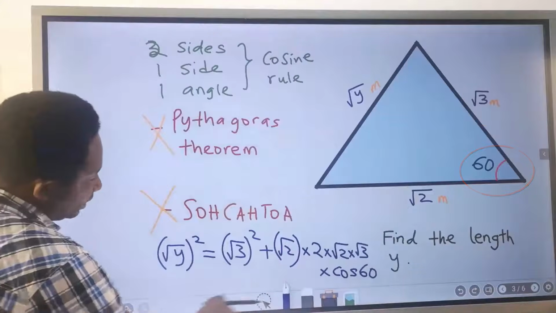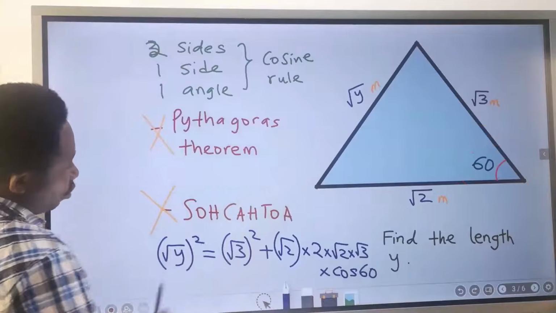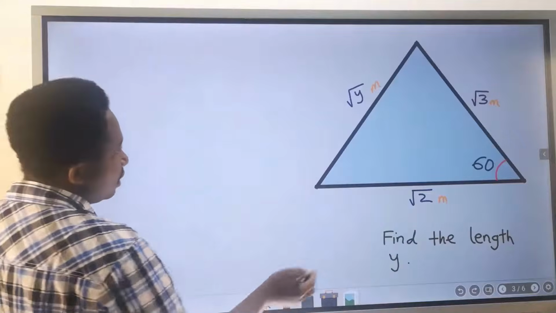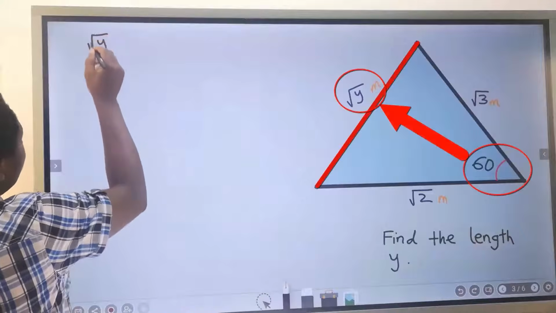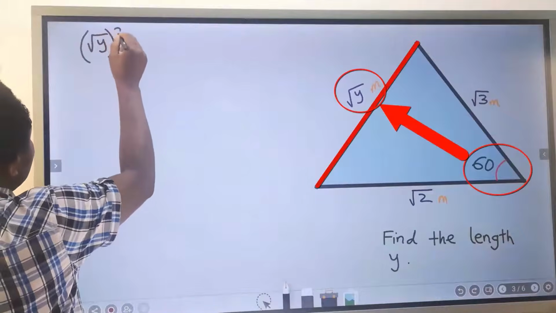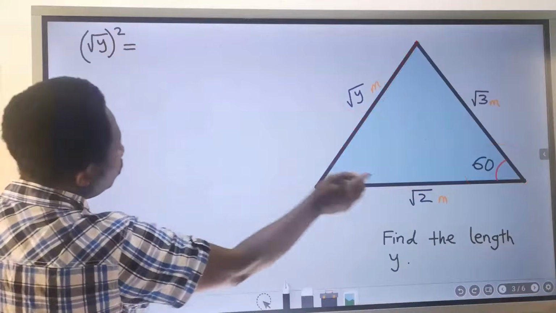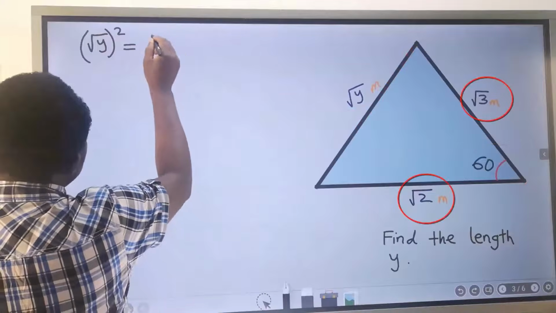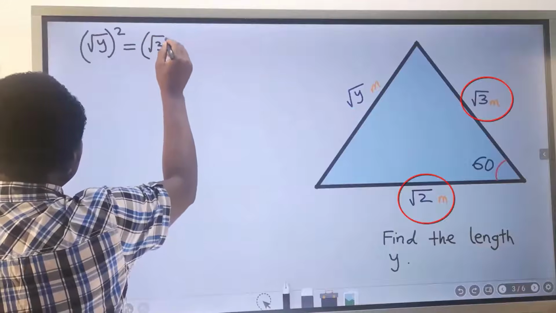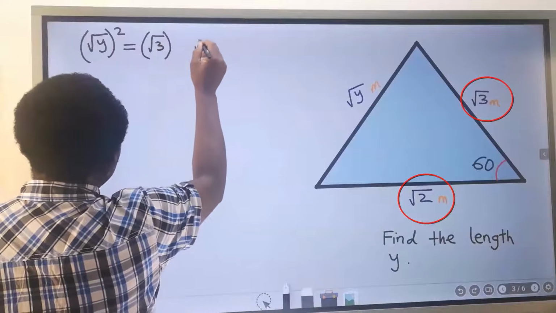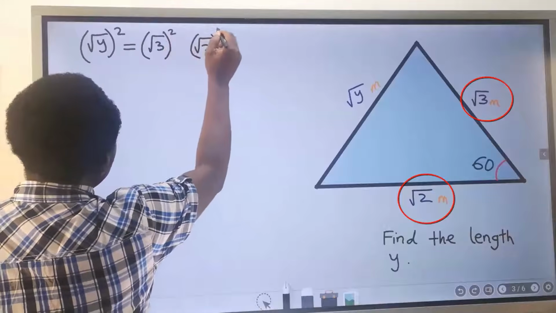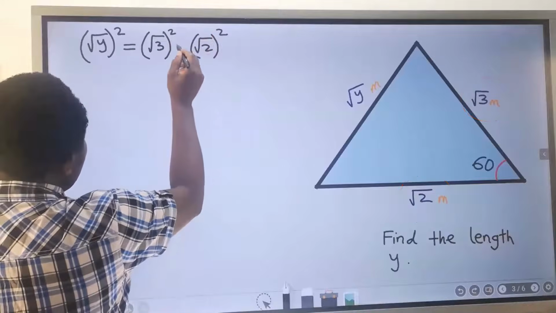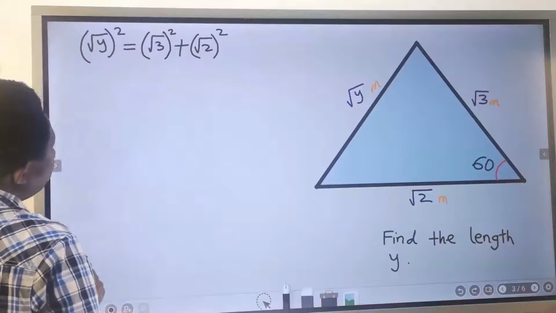We are going to apply this rule to this question. That is, I will start with the side facing the angle. I will square it. The 2 remaining sides, which are the square root of 3 and the square root of 2, I will square both of them and add them.